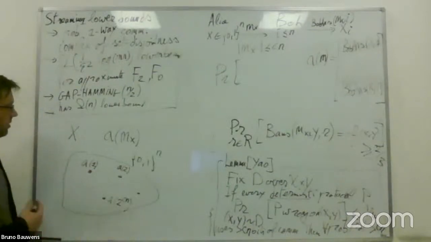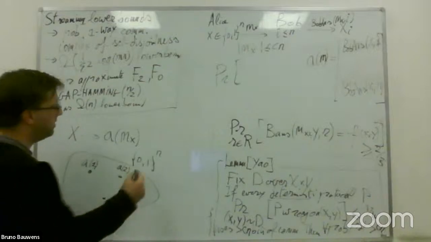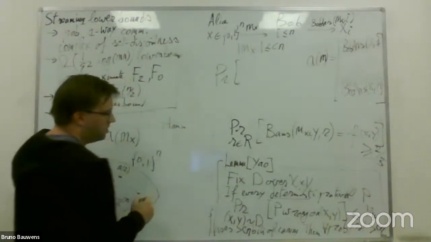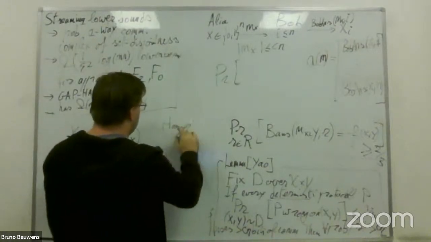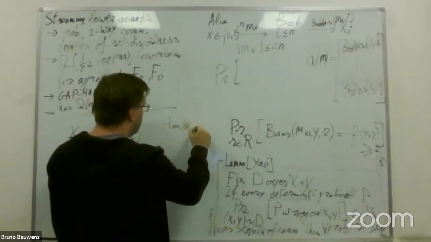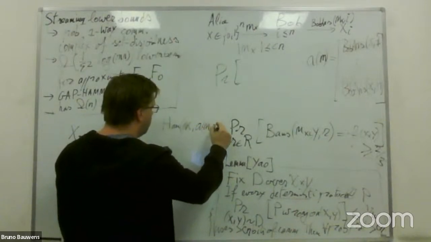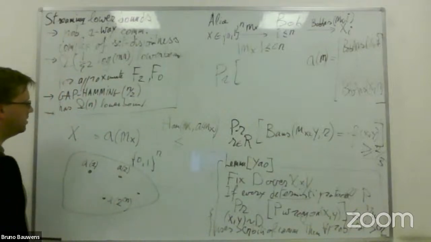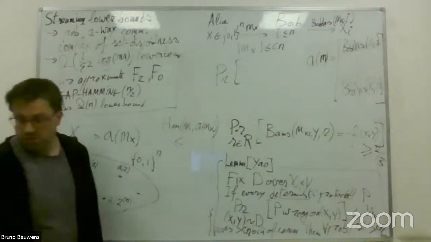And so for X to be a good string, let's say it's good if the Hamming distance of X and the answer string for the message of X is small.